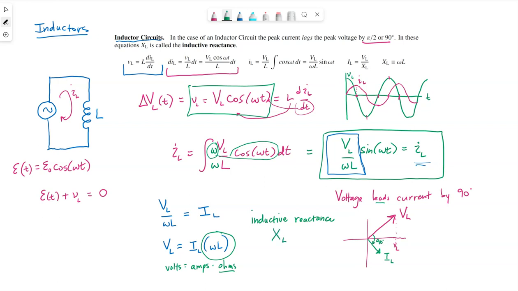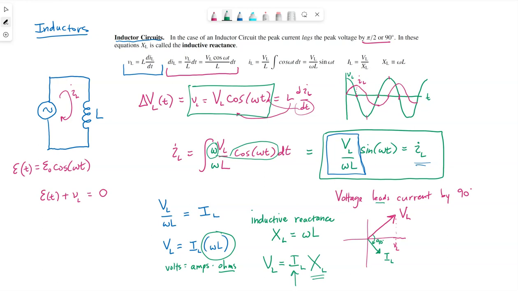We have an X sub L is equal to omega L. This has units of ohms, meaning this is how the inductor affects the current flow in the circuit. The maximum voltage across the inductor would be the maximum current times this inductive reactance. So as XL changes, so does this current.